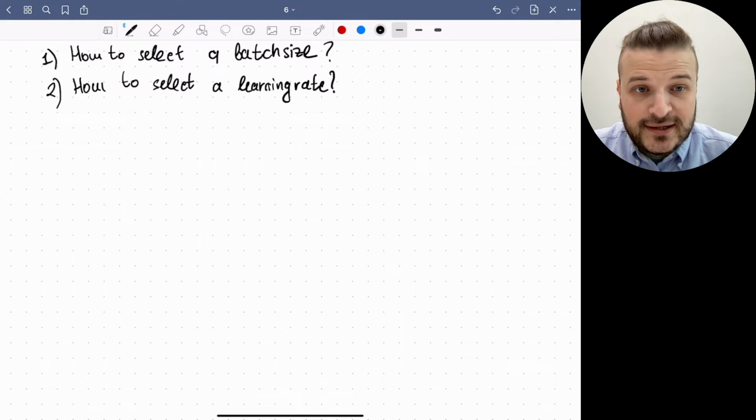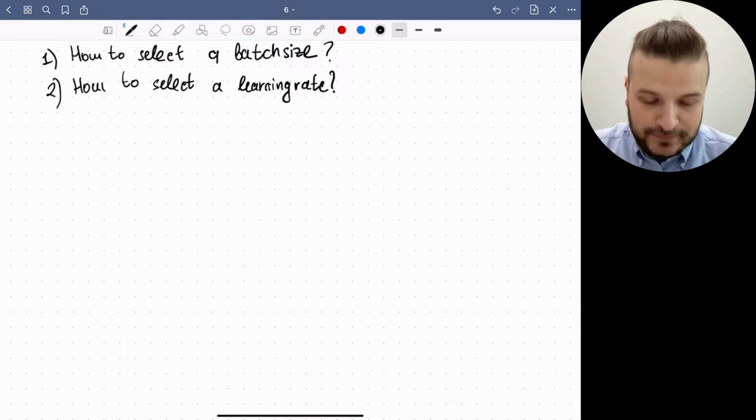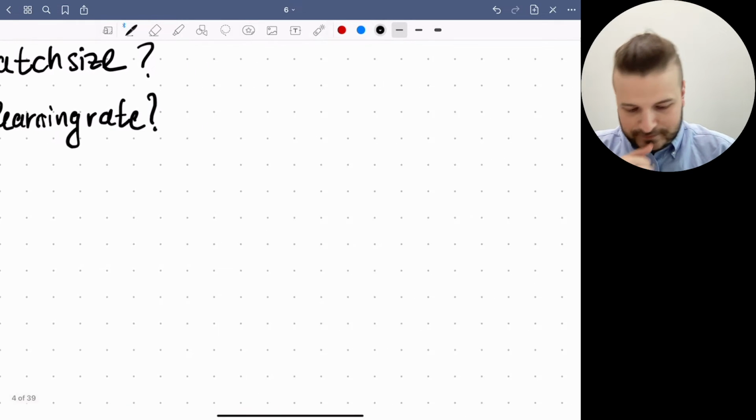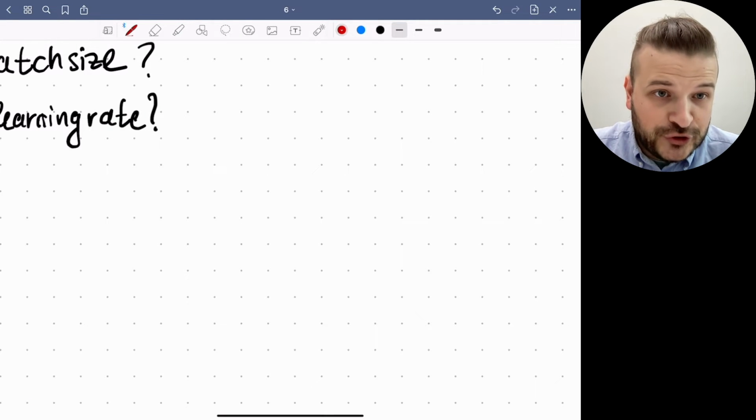That's very noisy, and that's probably very long in terms of the training time. And that's an active area of research so far.